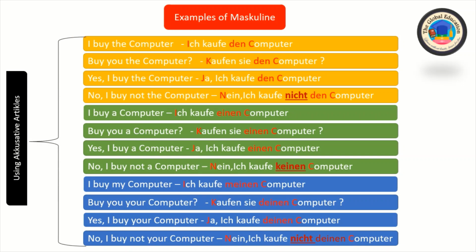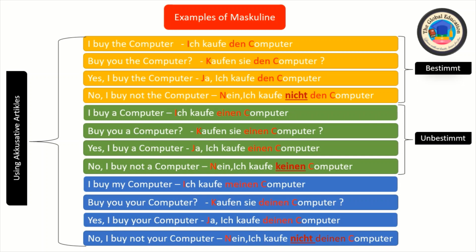So this is for using the accusative article. In all these examples we use the verb to buy, kaufen, which takes the accusative case. First, for the bestimmt article, we use the, so we use den Computer, because computer has the article der, which is converted into den. Second, for the unbestimmt article, like a computer, we use en in einen, like einen Computer.